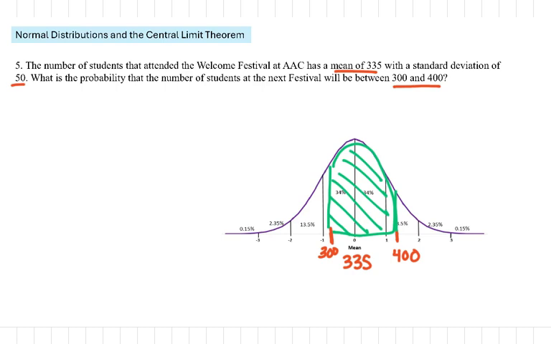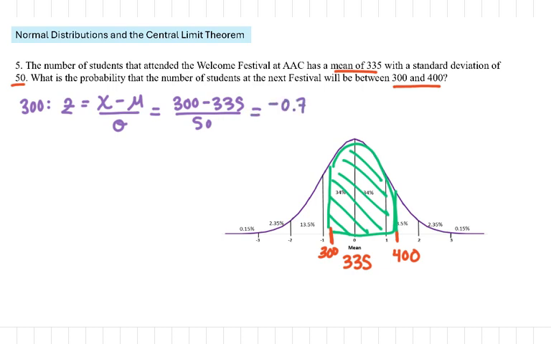So what we have to do first of all is figure out the corresponding z numbers. So for example, for 300, the formula for the z number is x minus the actual mean, the data number minus actual mean over the standard deviation. So we'll say 300 minus 335 divided by the standard deviation is 50, and we get negative 0.7 for the first z number.